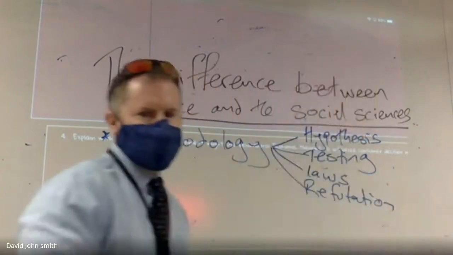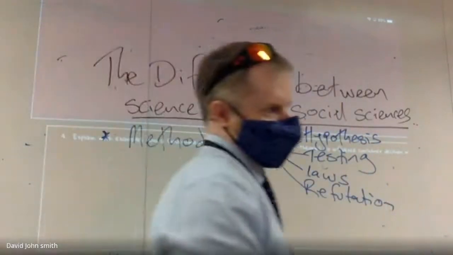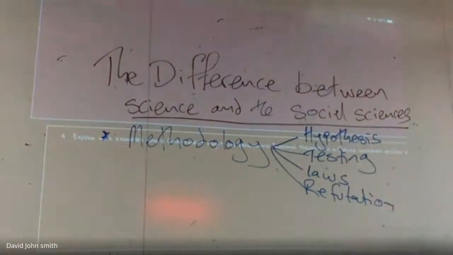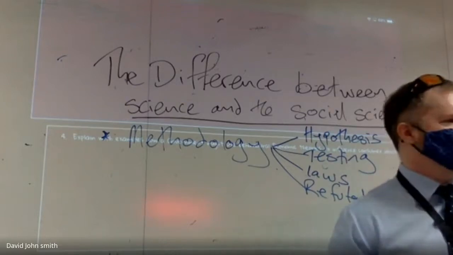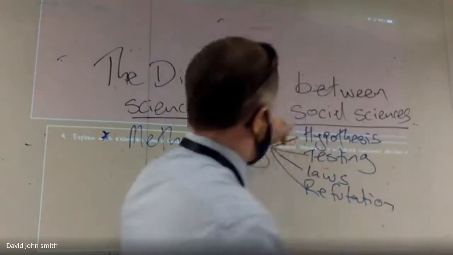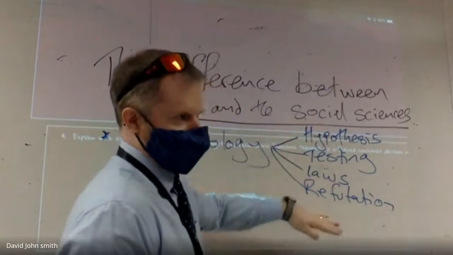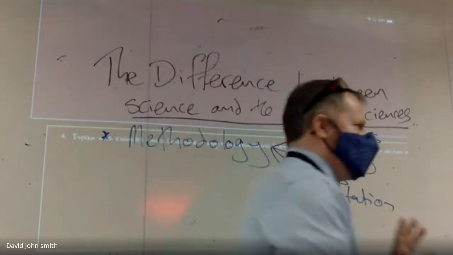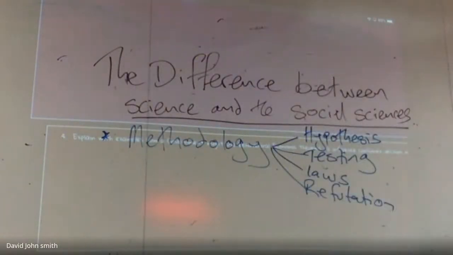So can we prove it or not? In the physical sciences, natural sciences, those subjects have very strict rules with all of these, and it is a really rigorous, hopefully, process.